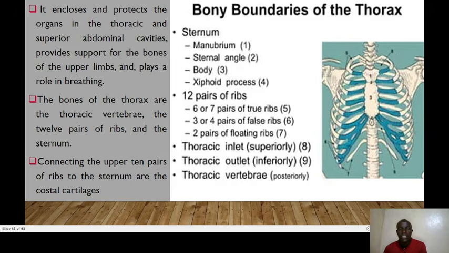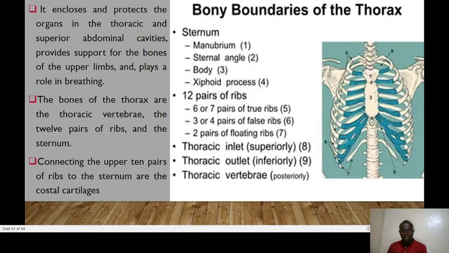So we have the boundaries of the thorax, the sternum: manubrium, sternal angle, the body, the xiphoid process. Then you have the 12 ribs, so 6 or 7 pairs of true ribs.